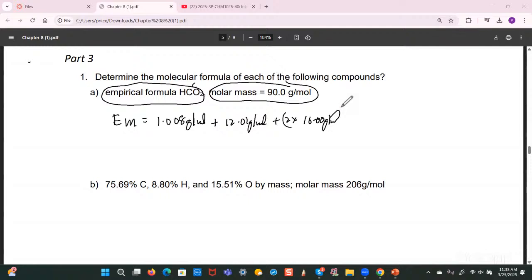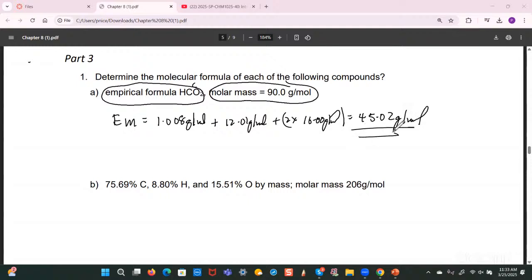Of course, those numbers you'll get from the periodic table. So 32 plus 12.01 plus 1.008. According to my calculations, that gives 45.02 grams per mole. Okay, very good.